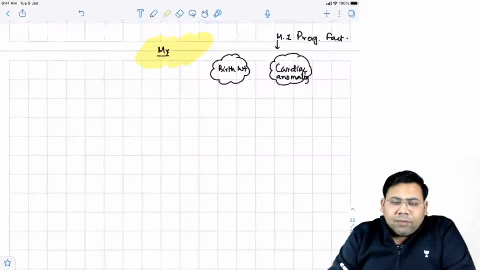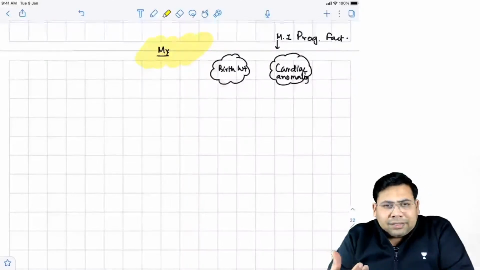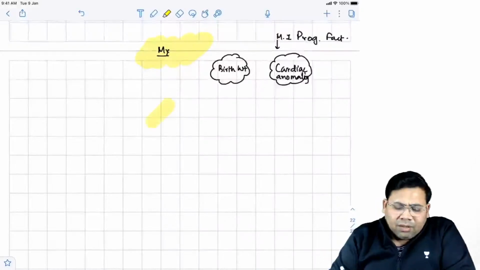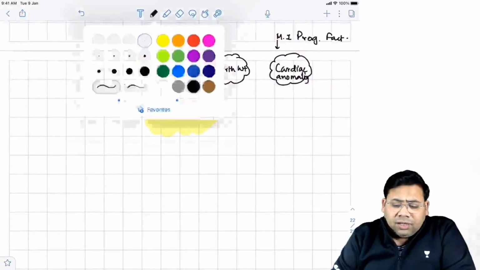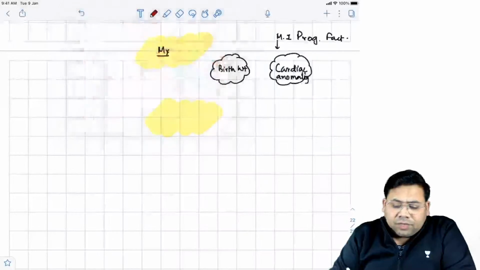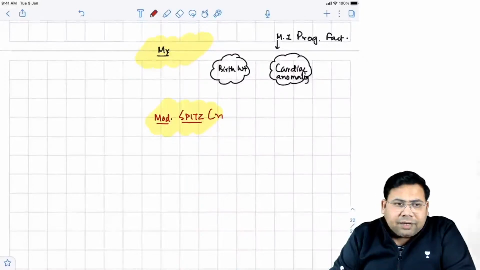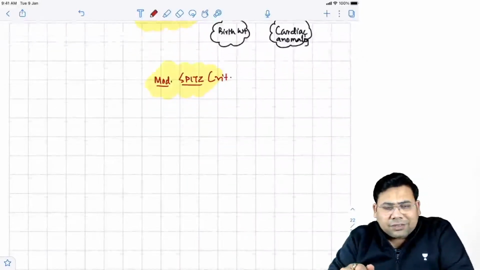Let us see. There are two criteria. The older criteria that we were using was Waterston, but students, now we are not using that. What we are using nowadays is the modified Spitz criteria.